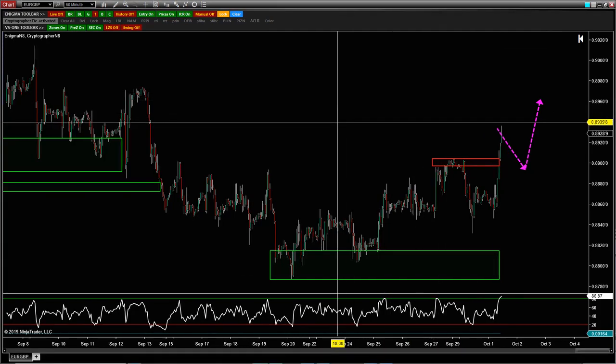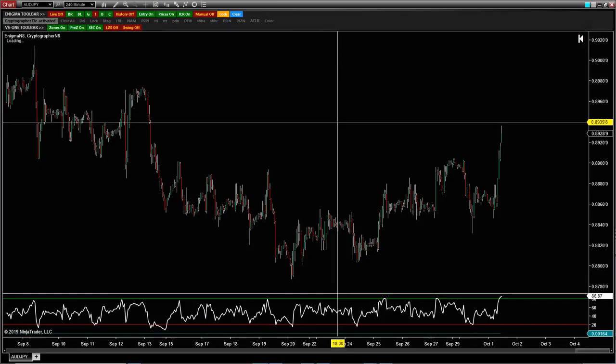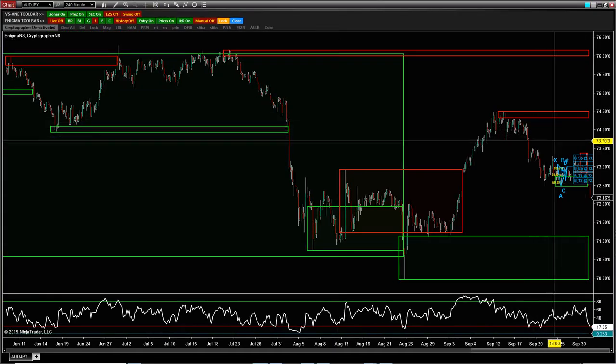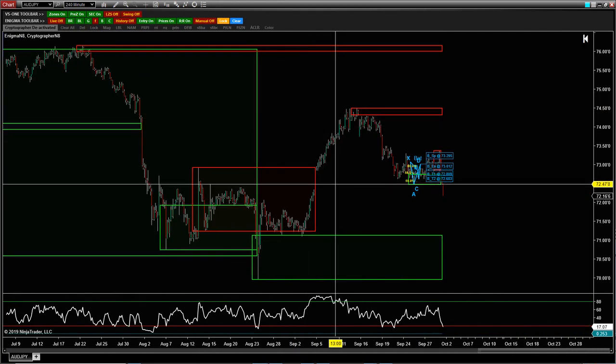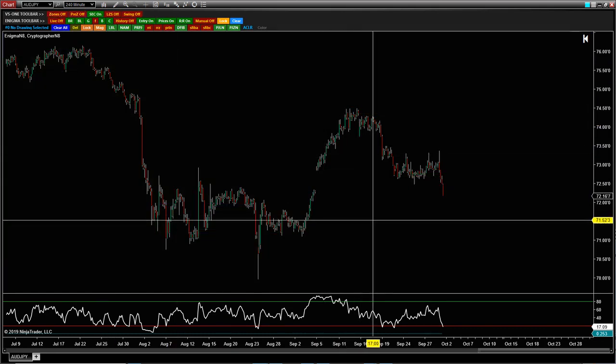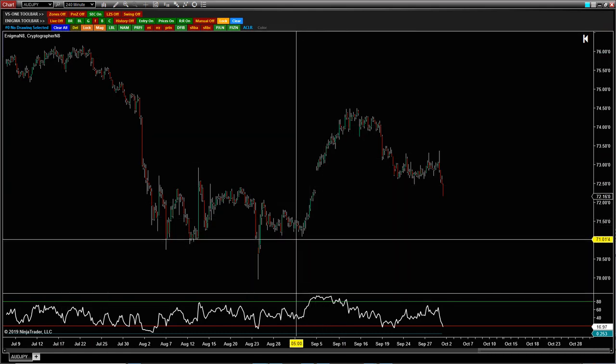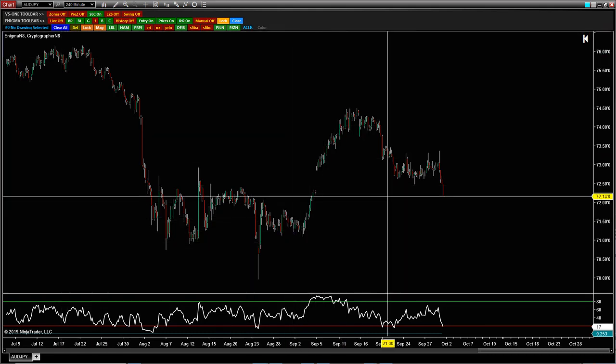All right. Lastly, let's take a look at Aussie yen on the 240. We're looking at a bat pattern on Aussie yen. Let's clean up the mess here. A few of them we can be looking at.